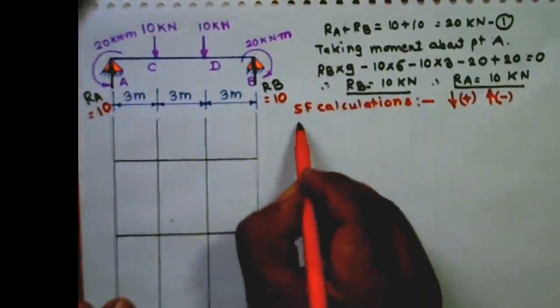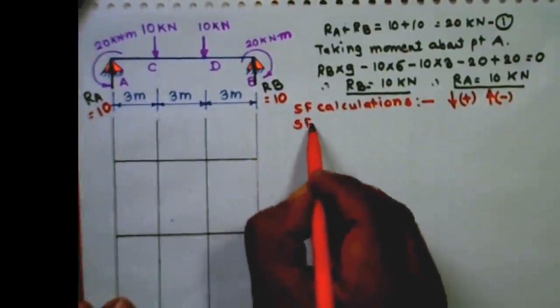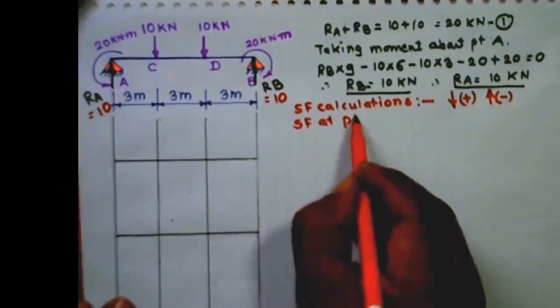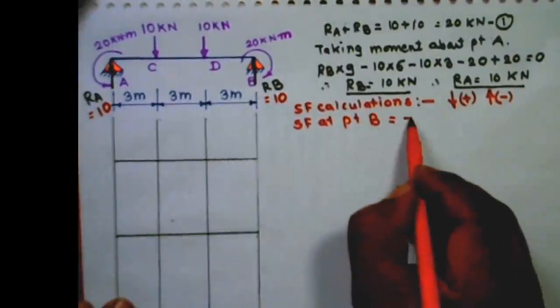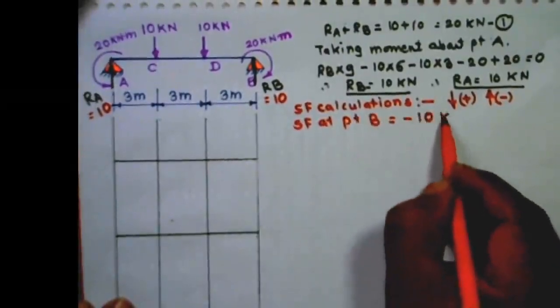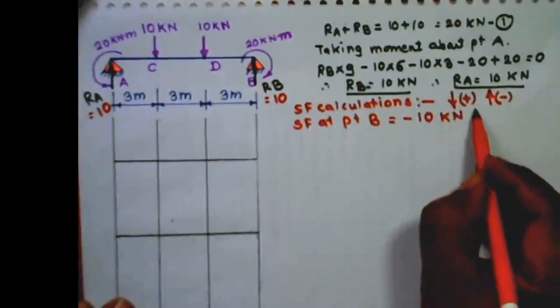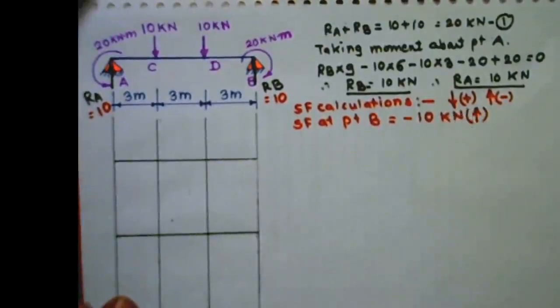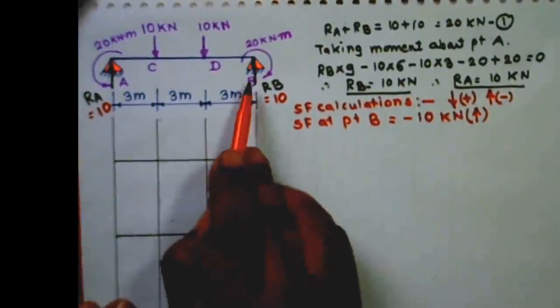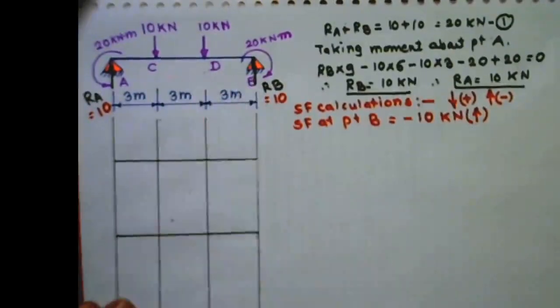Now shear force at point B is equal to 10, which is going in the upward side. So minus sign convention, or you may write it in this manner also: minus 10, going from B to D.